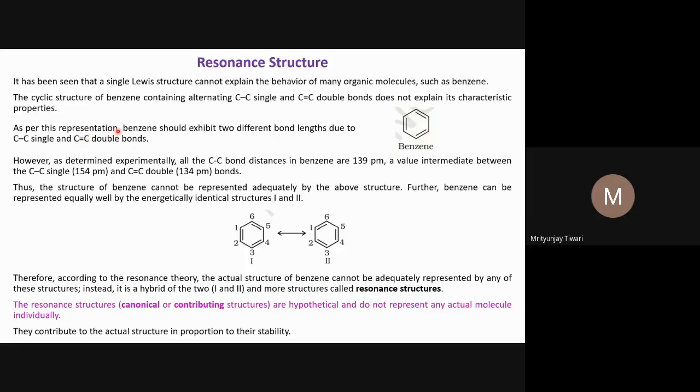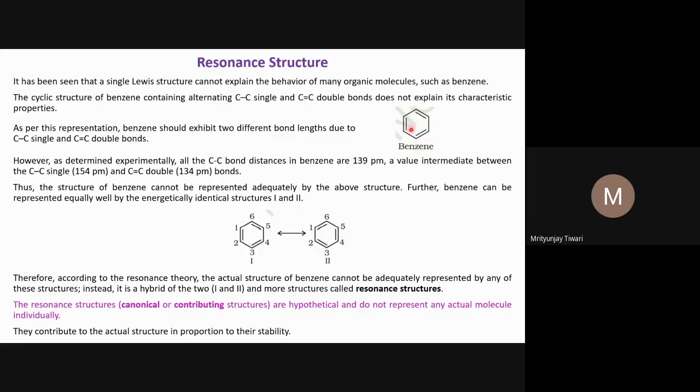As per this representation, benzene should exhibit two different bond lengths, for carbon-carbon single and double bonds, at alternate positions. However, as determined experimentally, all the carbon-carbon bond distances in benzene are 139 picometer, which means 1.39 angstrom, a value which is between carbon-carbon single bond and double bond.